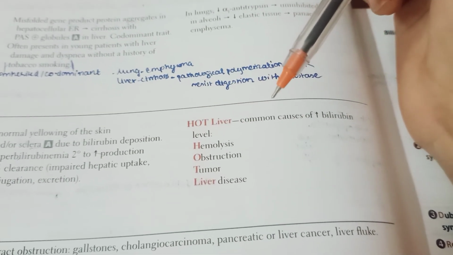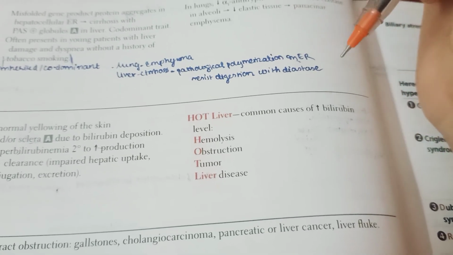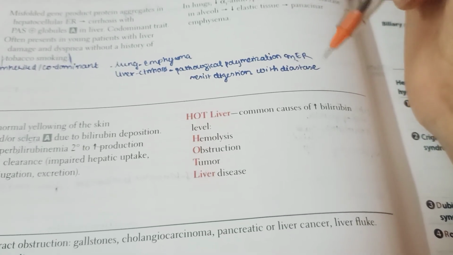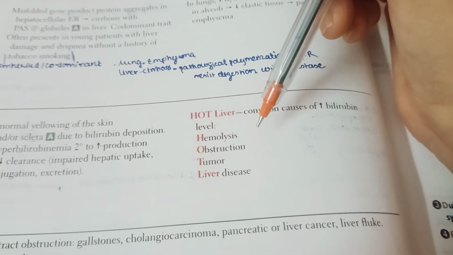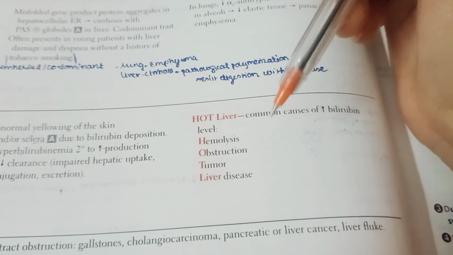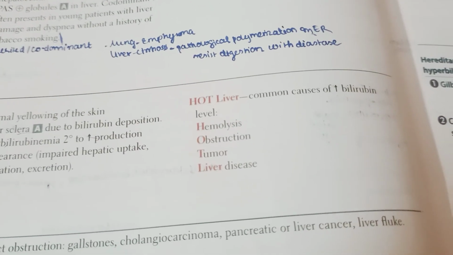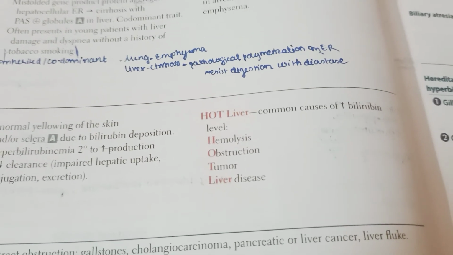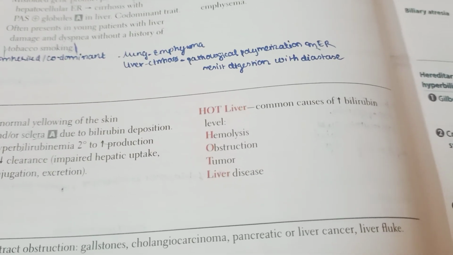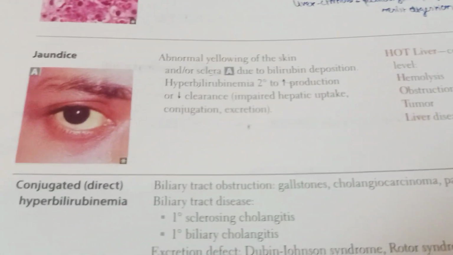Whenever there is more blood lysis, you can understand the unconjugated level will become very high, because liver can't manage that much of hemolytic products, so that will lead to increased unconjugated bilirubin. Obstruction will also lead to increase in bilirubin levels, tumors, liver diseases, all these conditions. Okay, especially liver disease also will get more unconjugated bilirubin, because it can't get conjugated. Conjugation occurs in liver, right? So these are all the conditions.